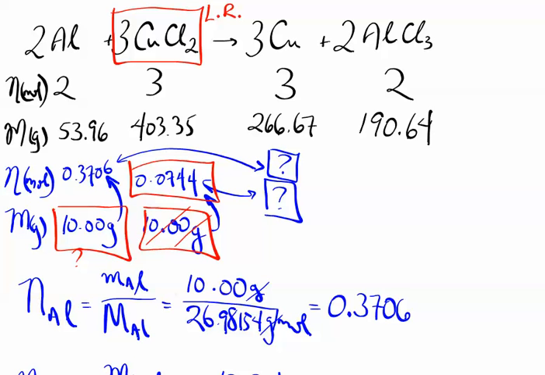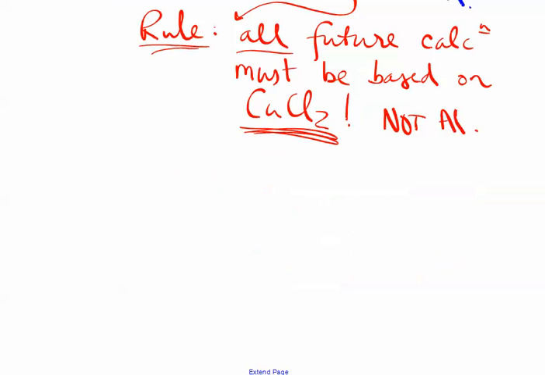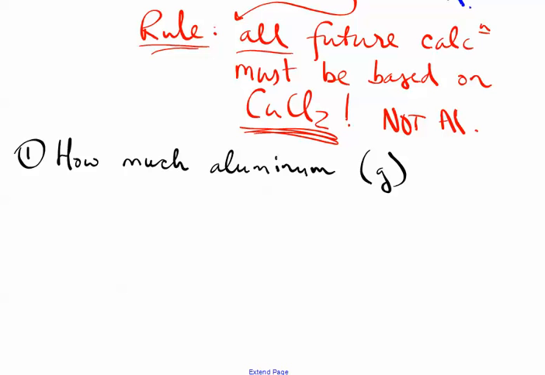So here's my question to you, and this will be your homework, and we'll take it up. Question number 1, and I'll put this video on the blog. Number 1, how much aluminum in grams was A, used, B, left over?